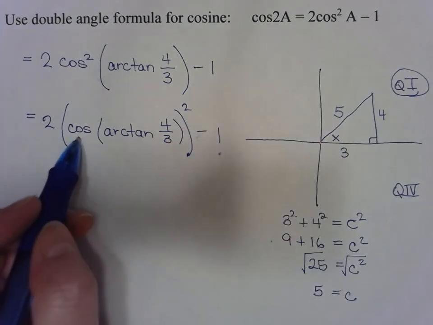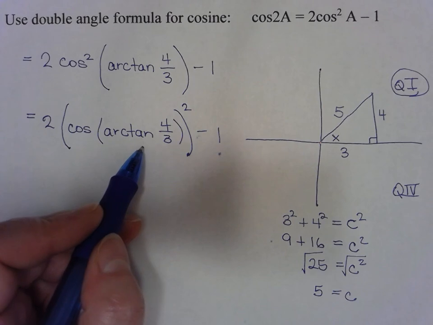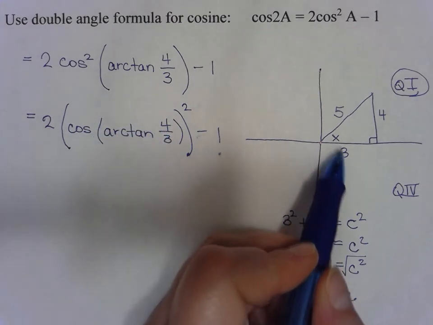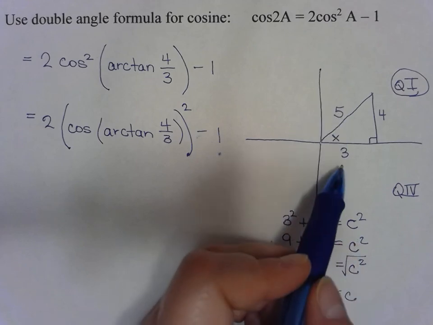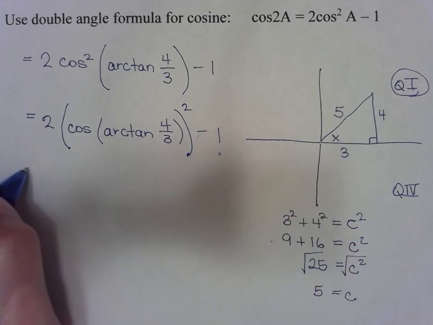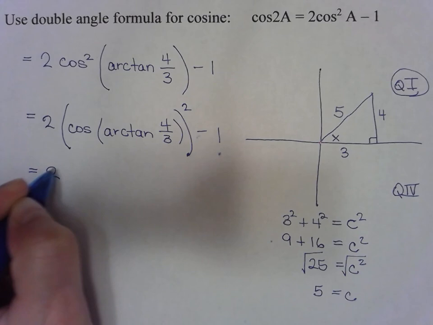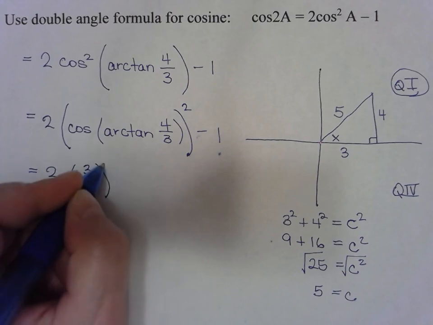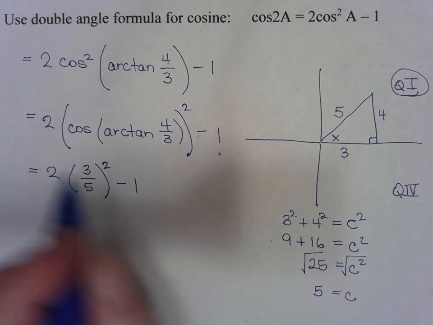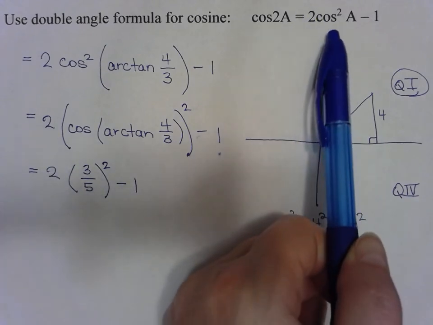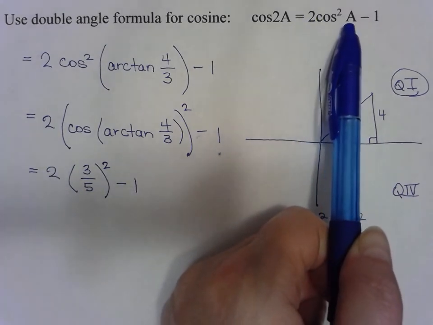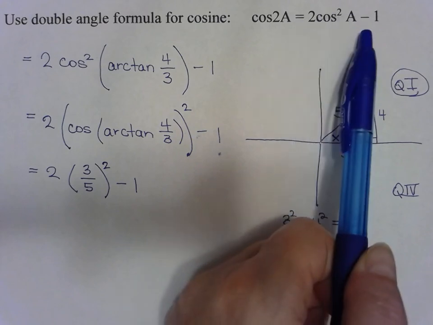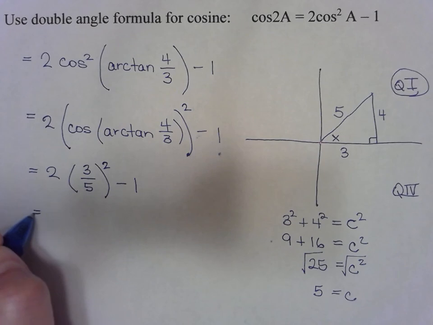Okay, so now we want to take the cosine of this angle, arctangent of 4/3. The cosine of x would be adjacent over hypotenuse, so 3/5. And then we're going to put it into this double angle formula. So the cosine of our angle is 3/5. We're going to square that, multiply by 2, and subtract 1.